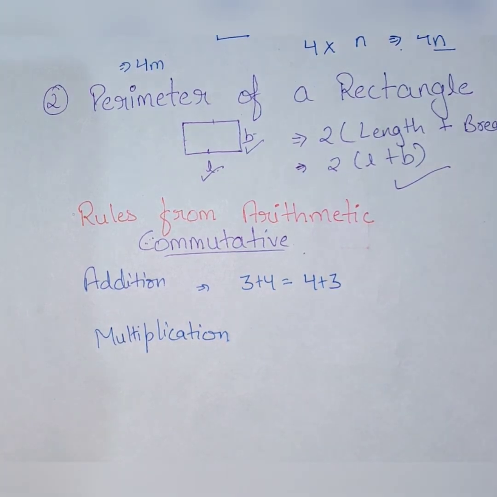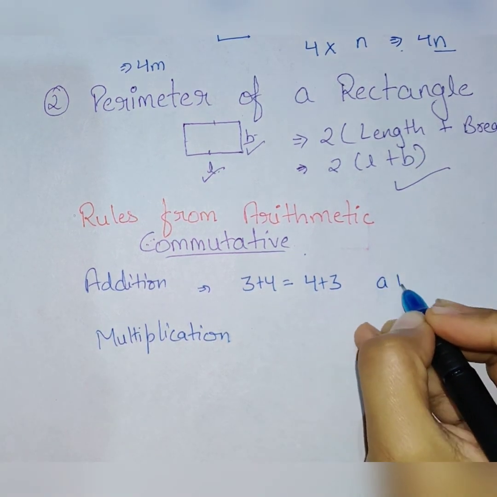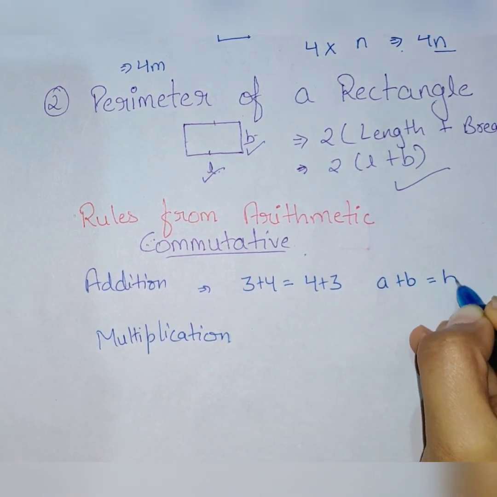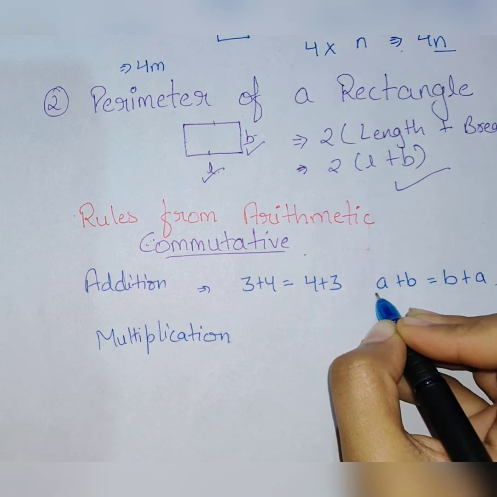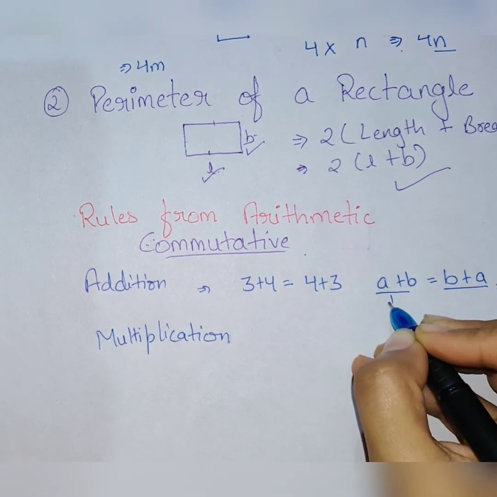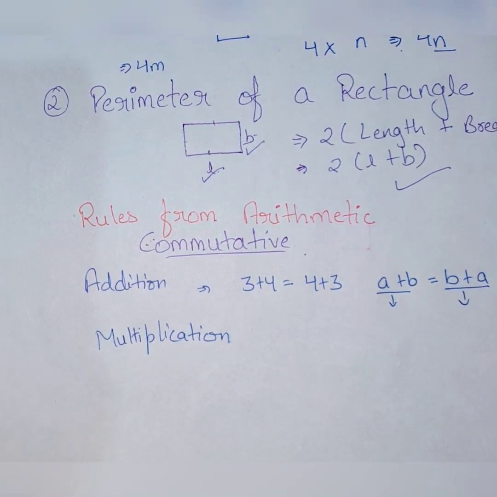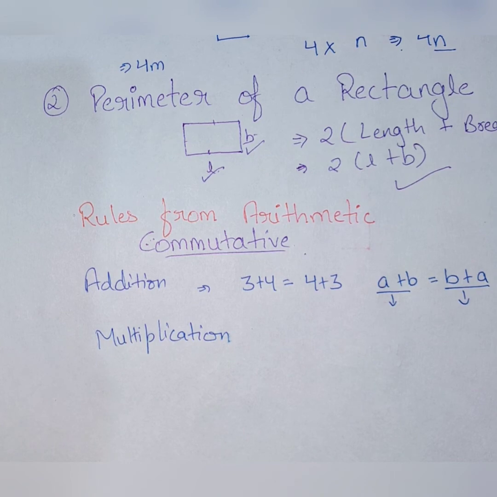Now you can write it in the form of variables: A plus B is equal to B plus A. Here A and B are variables, so their values can vary. That is, you can put any value for A and B, not only 3 and 4. Other numbers can also be the values of A and B according to your question.